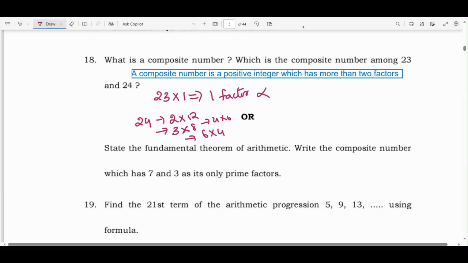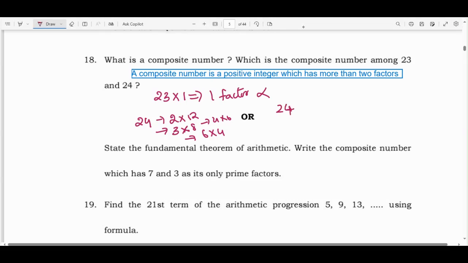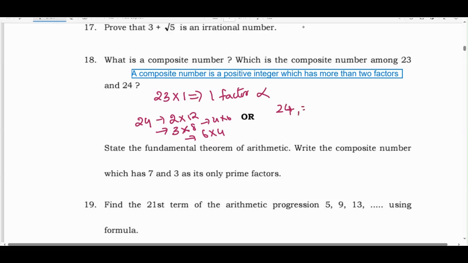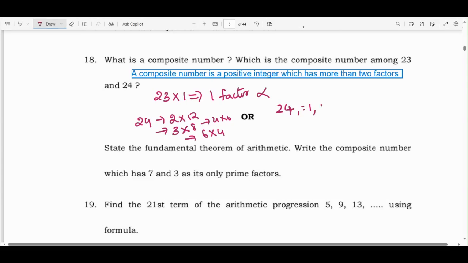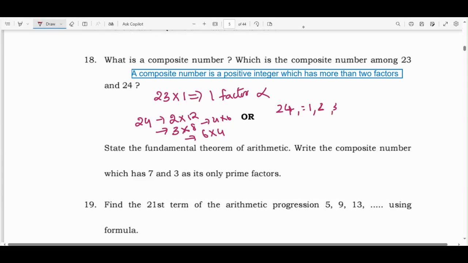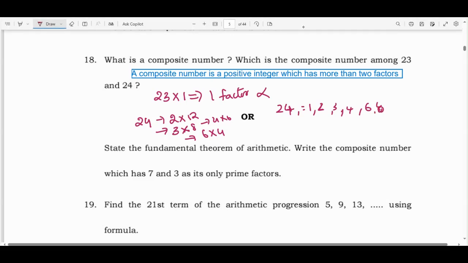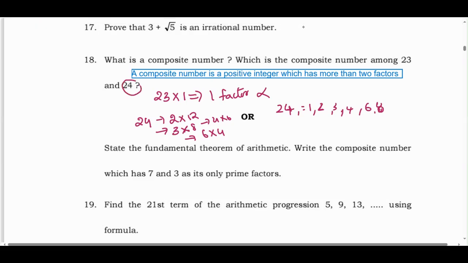So it has many factors, that is, 24 has factors 1, 2, 3, 4, 6, 8, and so on. So it is a composite number. So 24 is a composite number. So moving on to the next question.